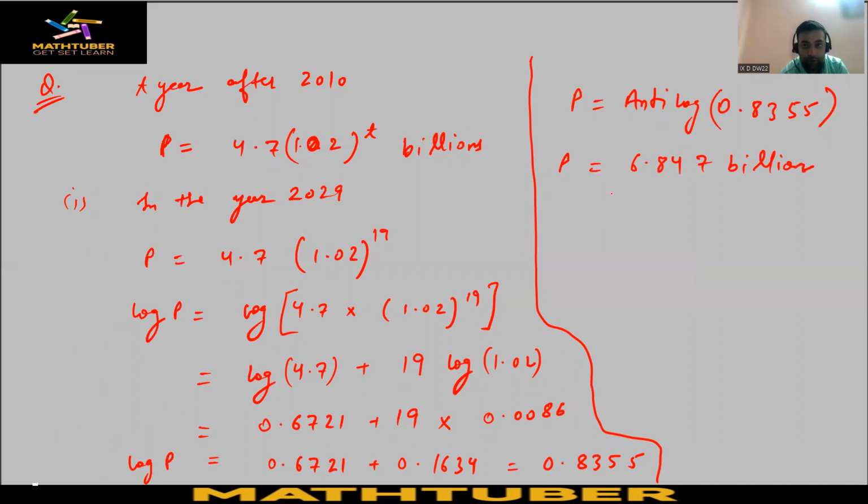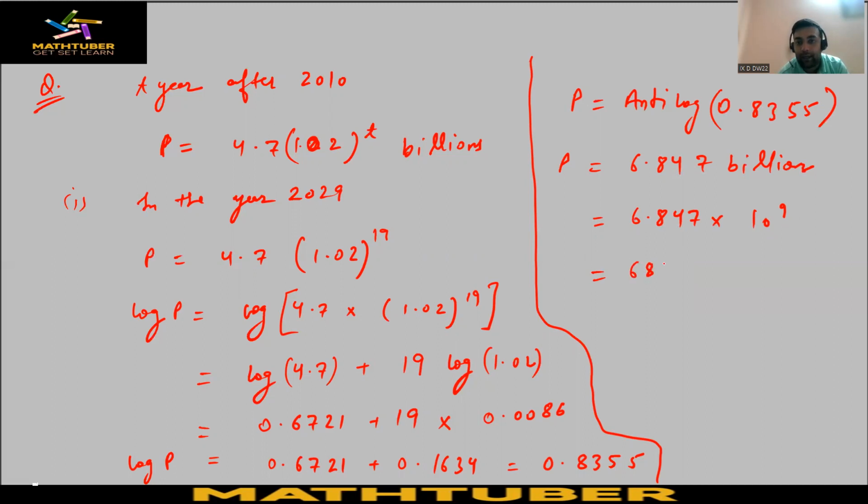But we have to convert it into millions. So 6.847 billions is actually 10 raised to power 9, right? And we have to convert it into 10 raised to power 6, then it will be converted into millions.